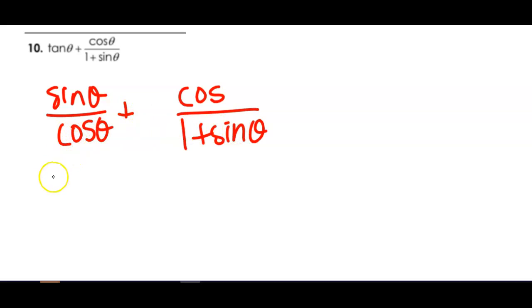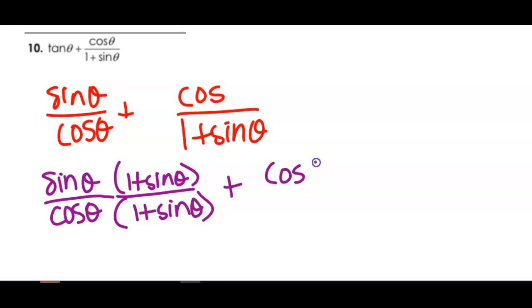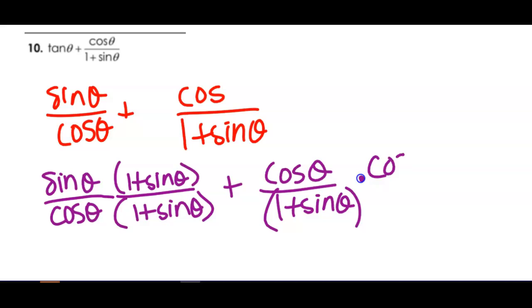We're going to need a common denominator, so we're going to multiply this guy by a 1 plus sine over a 1 plus sine. And we're going to multiply this guy over here by a cosine over cosine to get a common denominator.